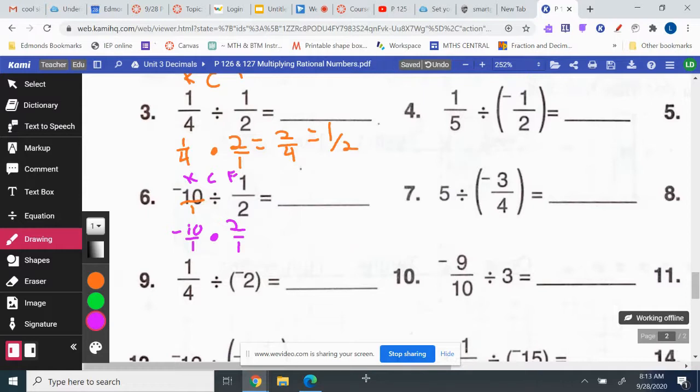Sweet. I know when I multiply straight across, I'm going to get 20 over 1. Multiply straight across. Now I keep my negative sign, and this one's positive because it's hidden. So different signs give me negative. When I reduce this, I get negative 20.